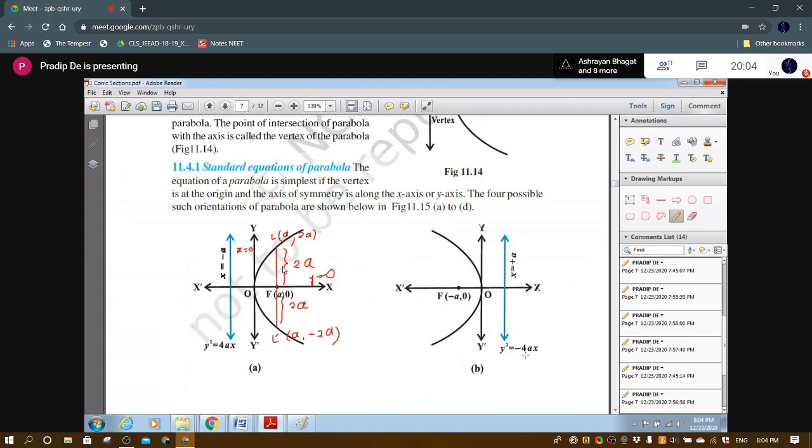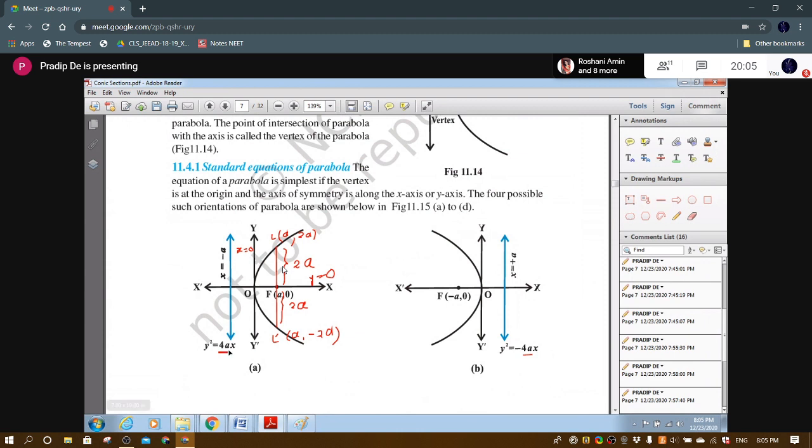This 4a, this coefficient of x, is the length of the latus rectum. Everywhere, in y square equal to 4ax, the numerical coefficient of x is the length of the latus rectum. And 1/4 of this coefficient, a, is the distance between vertex and focus, or distance between vertex and directrix.